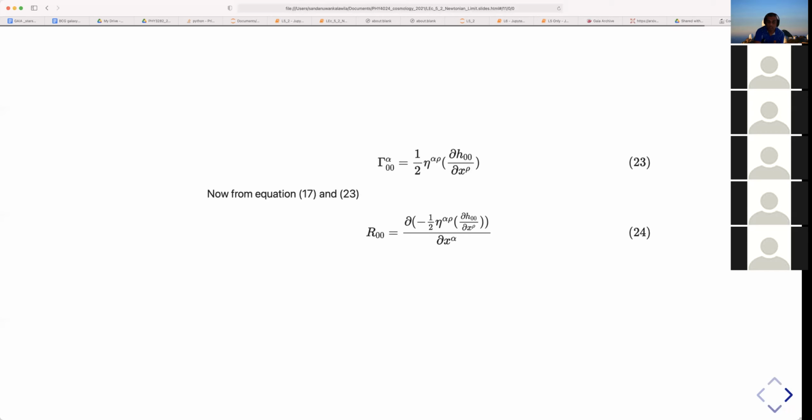Which means your final value for this connection coefficient will be this equation right here, which means now you can write the key component term in this way.